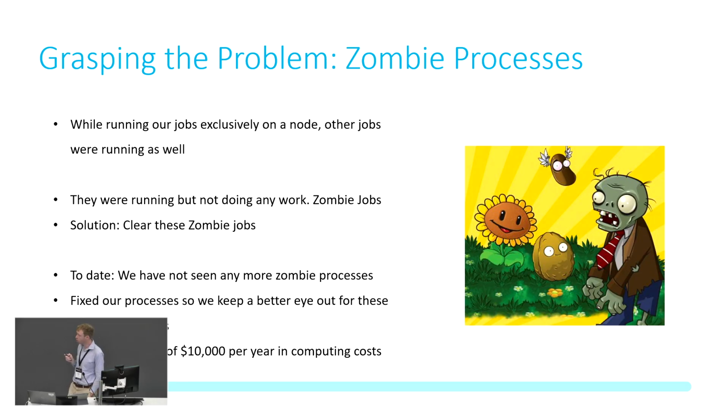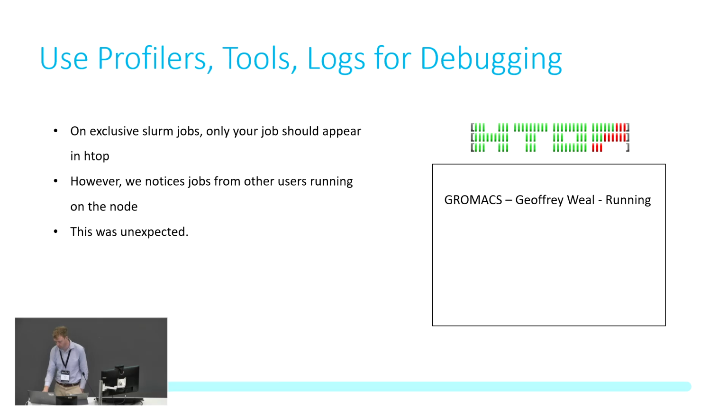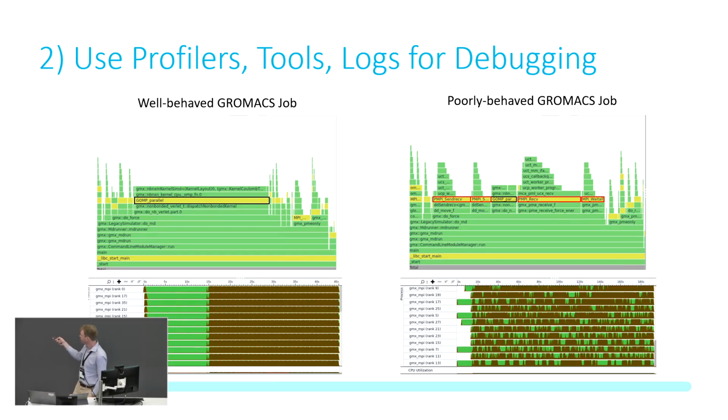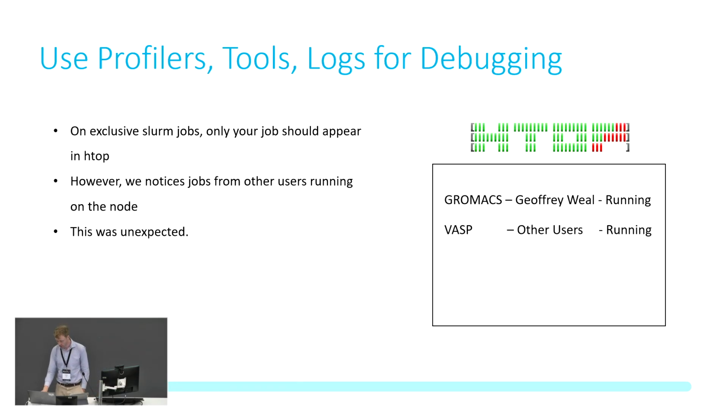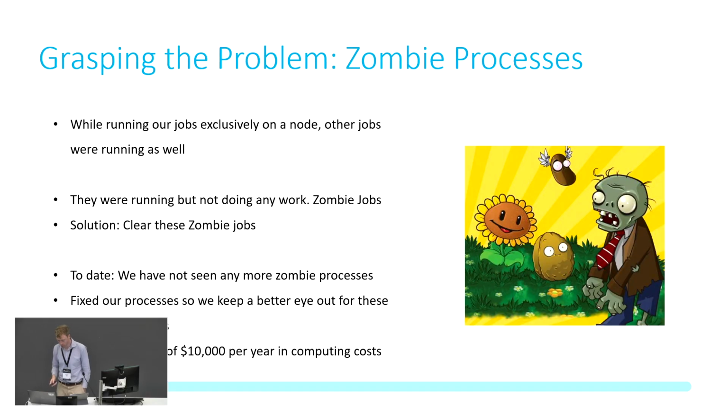And he found that these jobs were actually zombie jobs. They were essentially just running in the background, not doing anything, but using up CPU time, which is probably part of why the CPU here was going up and down, because sometimes it was doing GROMACS simulations, sometimes it was doing vast nonsense. So the solution to this was actually quite simple: clear the jobs.